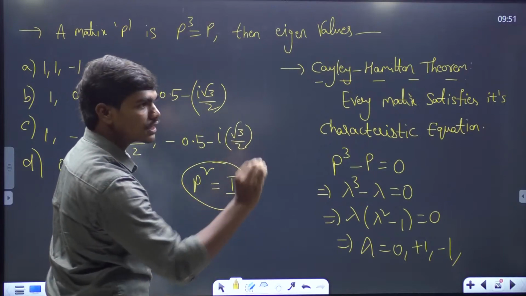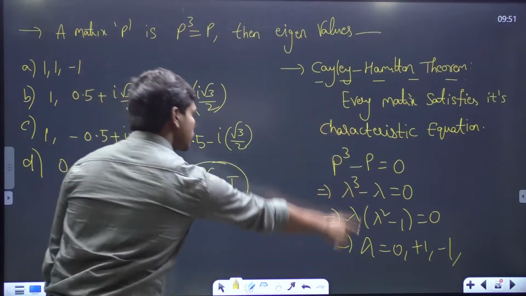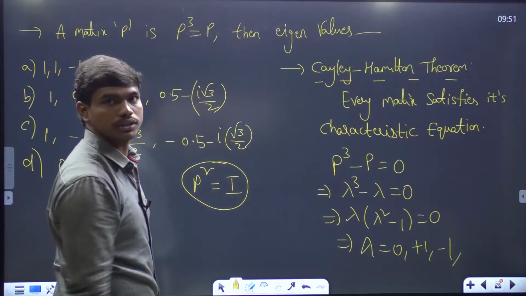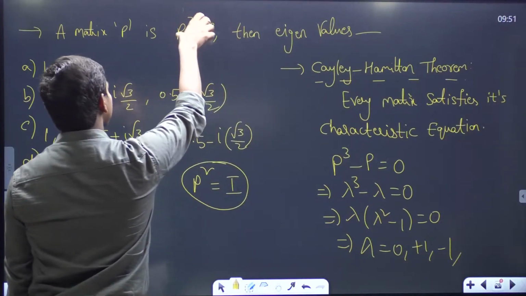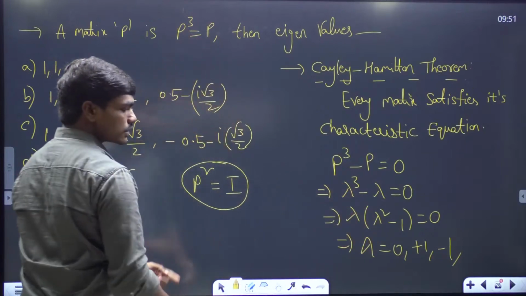But it is not mentioned in the question, so it can be a singular or non-singular matrix. The assumption that the matrix is singular is made by the institutes' solutions, but it is not given in the GATE examination. So if P cube is equal to P, then P can be a non-singular matrix as well, correct?